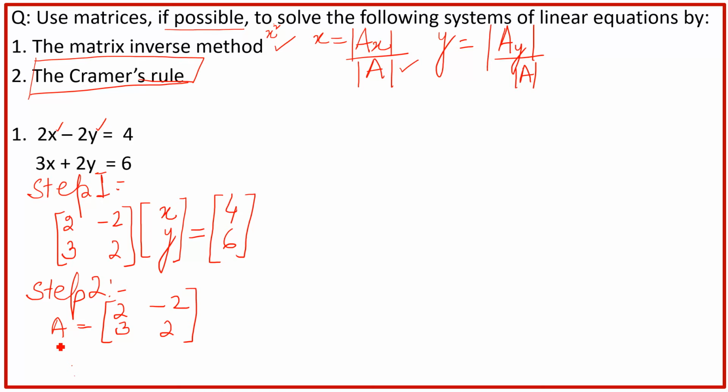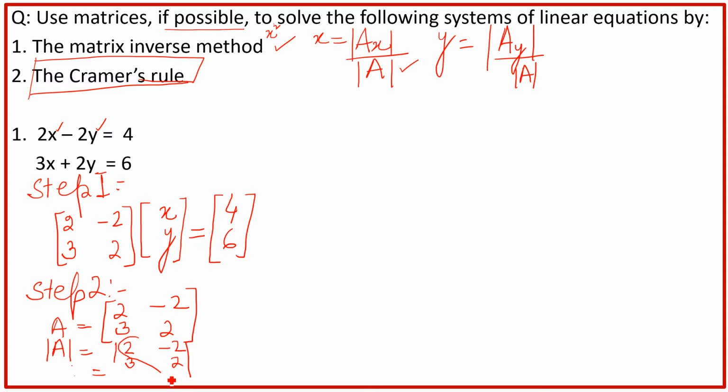So how will we find out the determinant? These straight lines represent the determinant. The large bracket symbol shows that this is a matrix. But if I write it in these two straight lines, it means I am going to calculate the determinant of it.